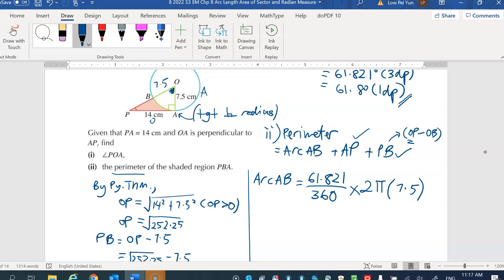Then we can compute and we are going to get 8.0923, which is 5 SF.